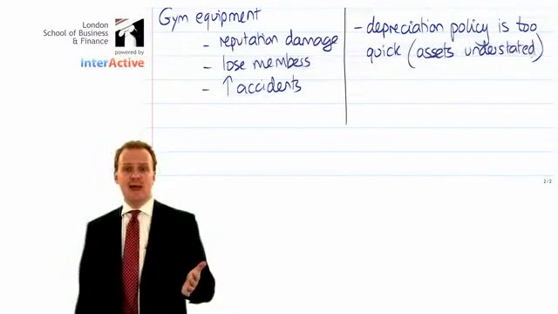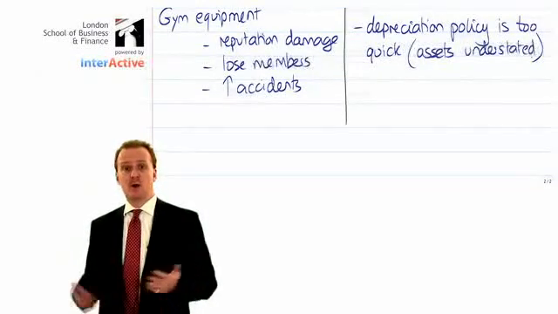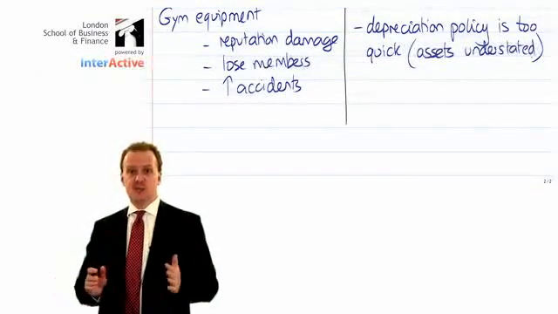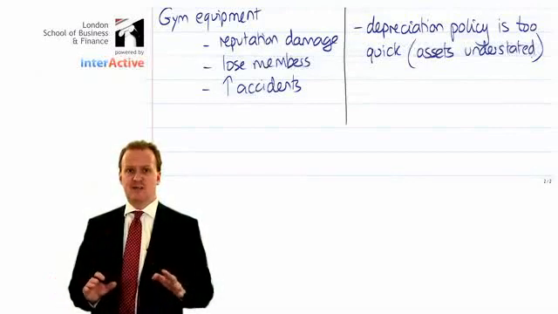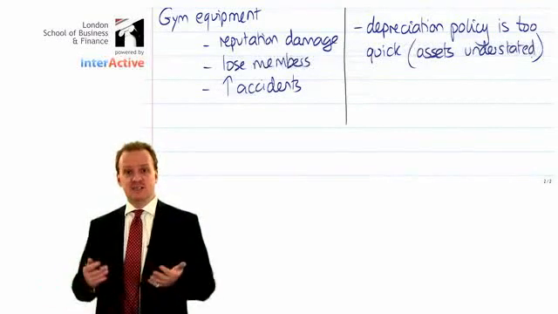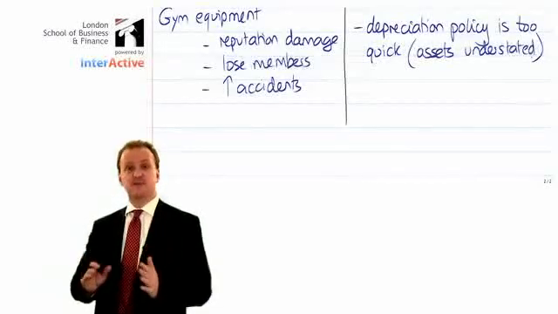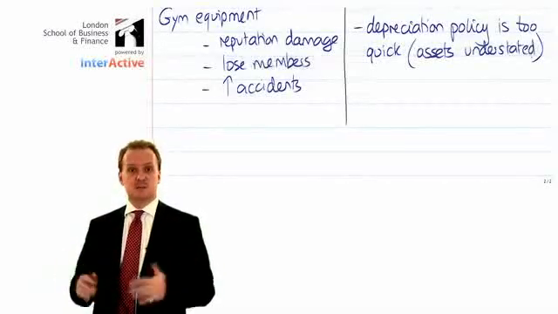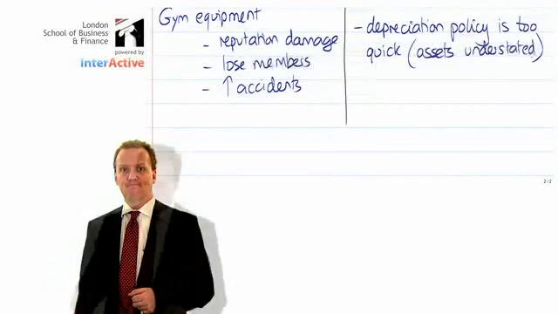Now that's fairly rare. Normally our concern is that assets are overstated, and it just goes to show that you must keep your concentration level up when doing these questions. I've said impairment is a key issue and it comes up a lot, and we've seen that already, but sometimes it can be the other way around.